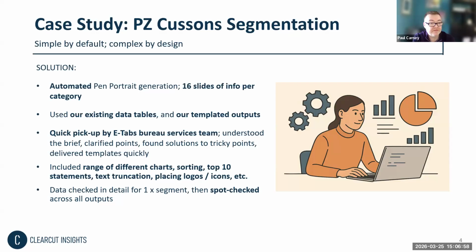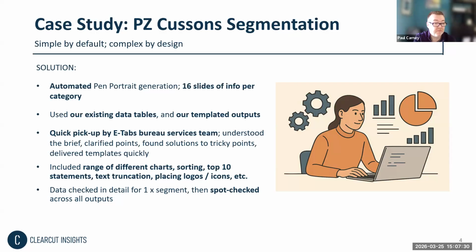The process means that we effectively give them a templated output and a set of our existing data tables, and they do the rest. Their bureau service effectively just picks that up and runs everything. There's a bit of iteration backwards and forwards about what we mean and how it happens. But honestly, it's a really streamlined, simplified, and efficient process as well. As I've mentioned there, you can do all sorts of different calculations and things in PowerPoint.